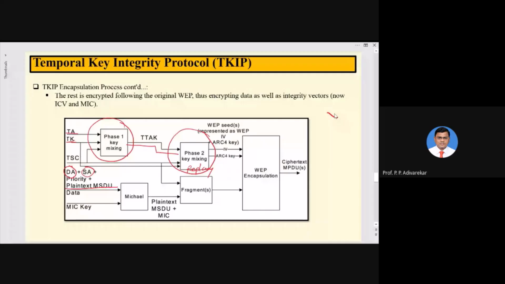The MIC key is nothing but the hashing key, or a hashing algorithm is added to it. So the total data is now added with the integrity check.